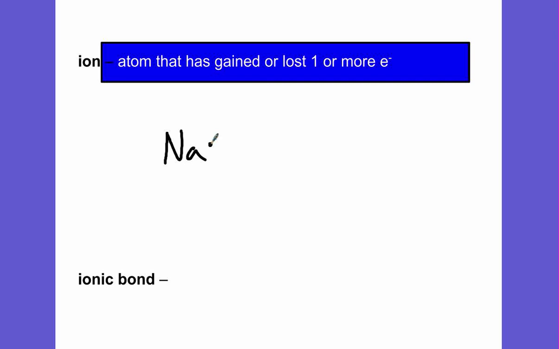I know you guys have used these Lewis structures before in the past, so I'm just going to continue with those. I put one dot around sodium, it means it has one valence electron. Versus that chlorine originally, being in group 7A, it has 7 valence electrons.